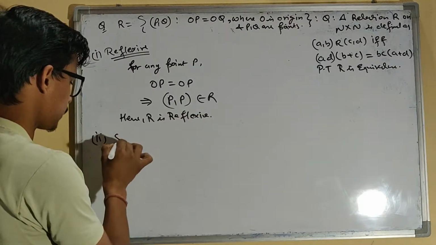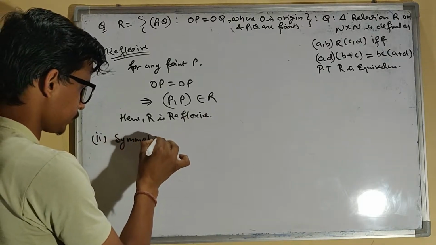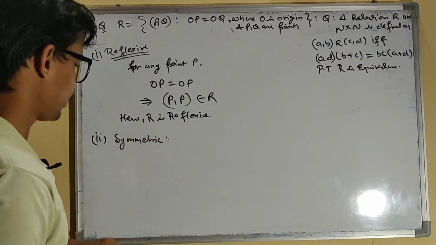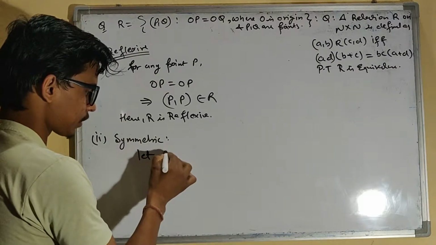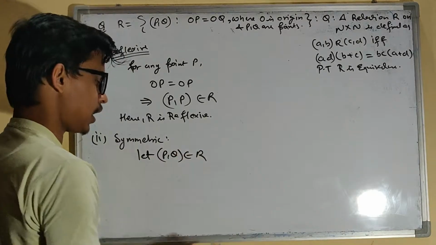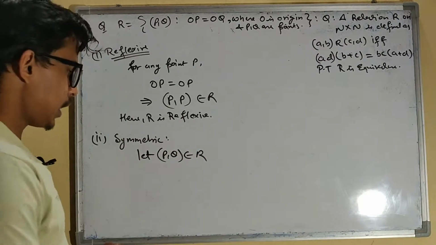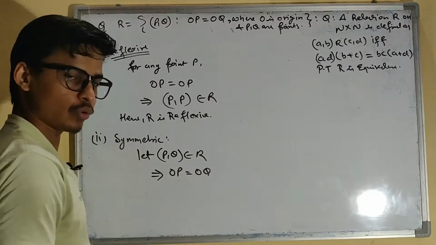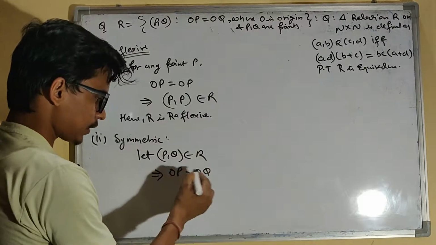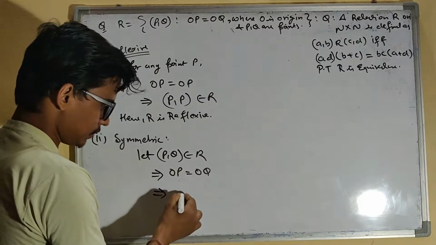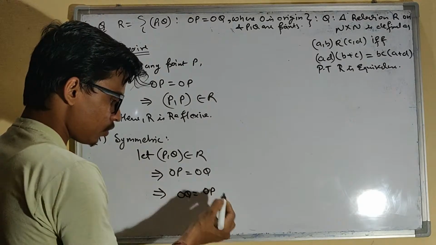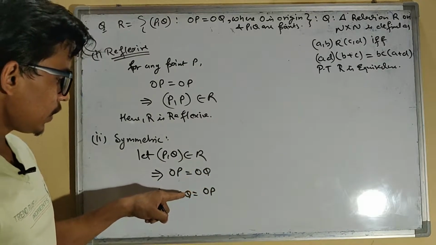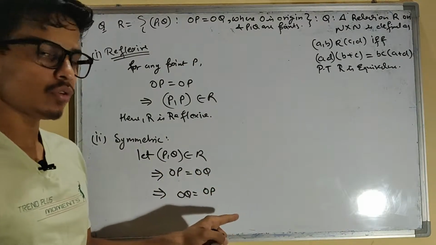And the second property is symmetric. So we have to check whether this relation is symmetric or not. To do so, let (P, Q) belong to R. Now if (P, Q) belongs to R, this implies that OP equals OQ, where O is the origin and P is any point. Now if I rearrange them, I can write OQ equals OP.